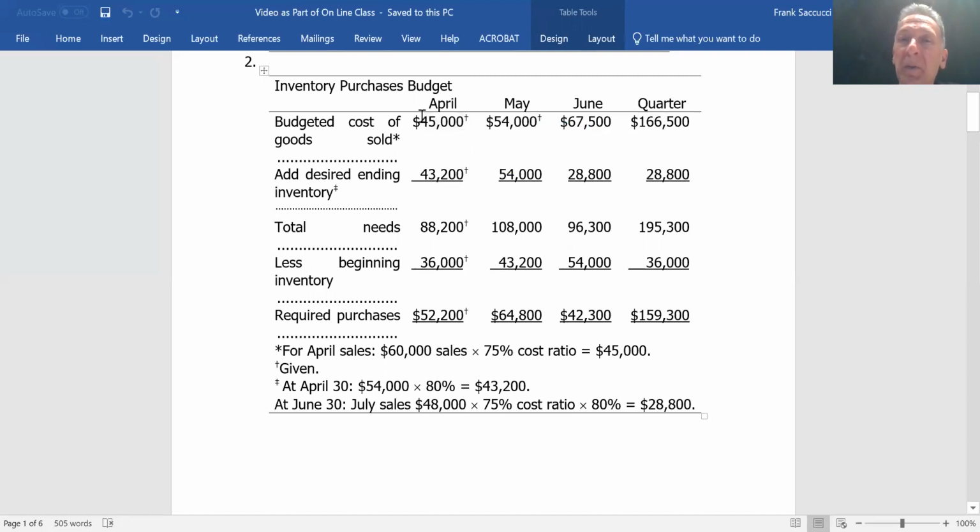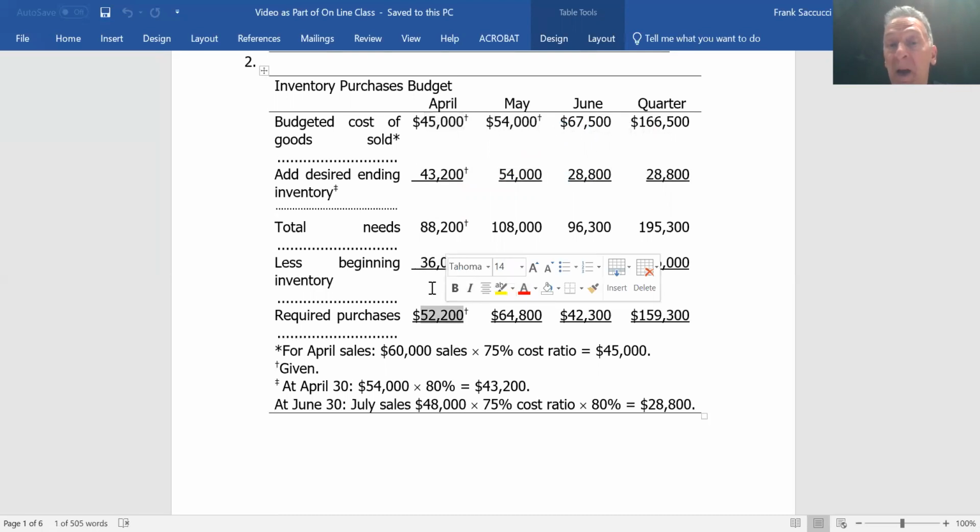So think about it this way. We want 45 to go out the door, so we believe. We want 43.2 on the wall. We're going to need 88.2. If we start the month with only 36, then we're going to have to purchase 52. And you can work it backwards.